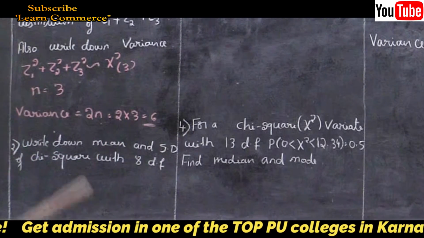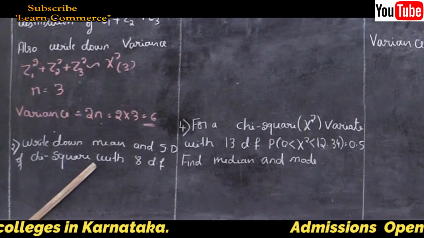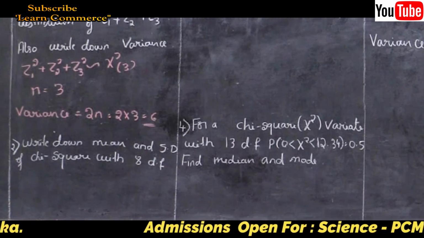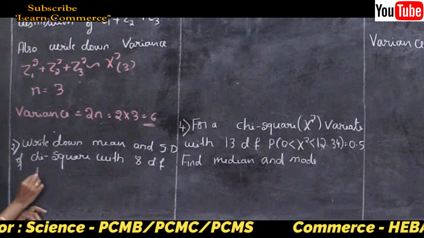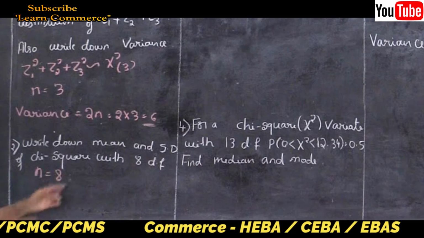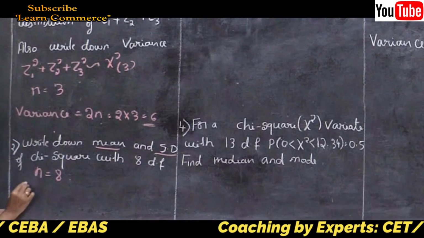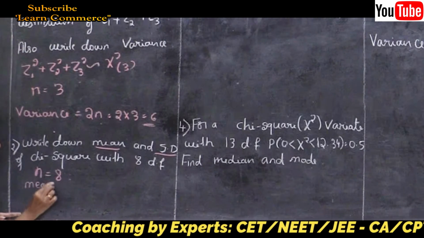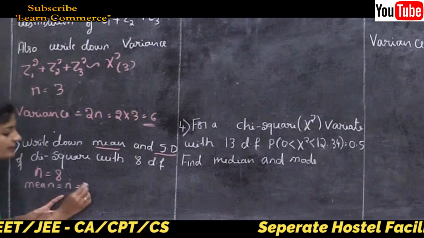Okay, next let us see the second question, that is write down mean and standard deviation of chi-square with 8 degrees of freedom. Here 8 degrees of freedom means n is 8. Next we need to calculate mean and standard deviation. The mean is equal to n, so here the mean is 8.